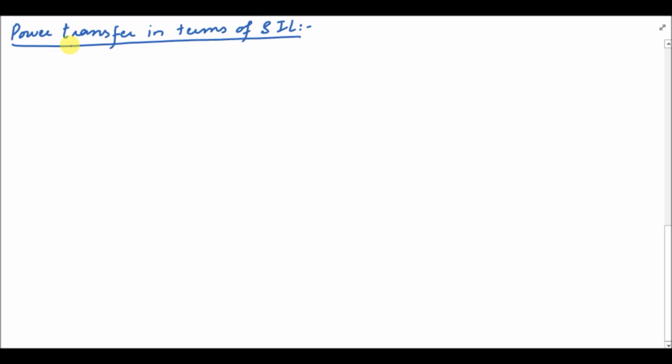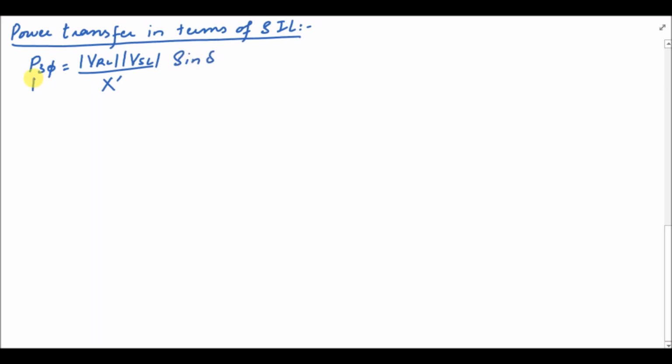In today's lecture, we are going to study the power transfer in terms of surge impedance loading. From the last lecture, in which we derived the formulas for the complex power flow through the transmission line, we derived a three-phase real power formula for the lossless line, which was P3 phase is equal to VRL VSL divided by X dash sine delta.